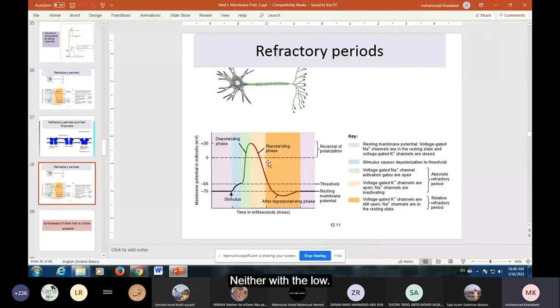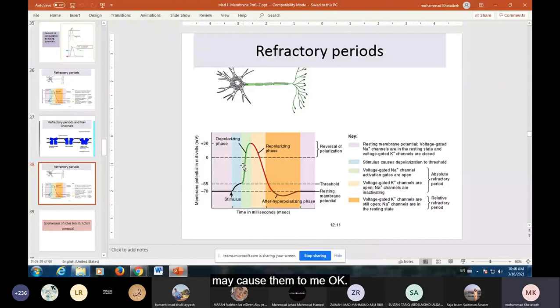Okay? Neither with low threshold stimuli, lower than the threshold, nor with higher than threshold, or suprathreshold, stimuli. But in the relative, the subthreshold stimuli cannot cause them to open, while suprathreshold stimuli may cause them to open.